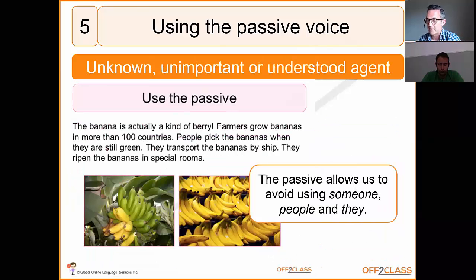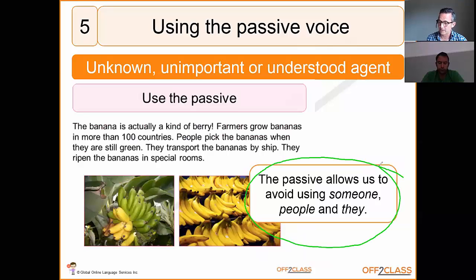Here we have another process using the passive. The passive actually allows us to avoid using someone, people, and they. Now, my understanding is that in some languages there isn't a passive that is used very often at all, so when students start to use English, naturally they will often avoid the passive and instead create sentences with the subject being someone, people, and they.